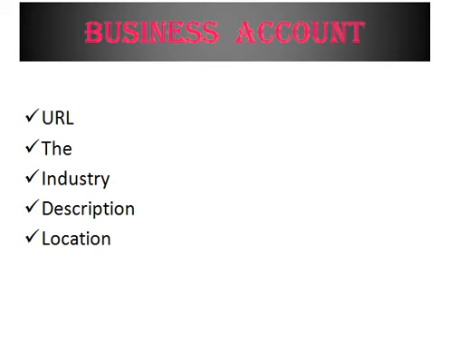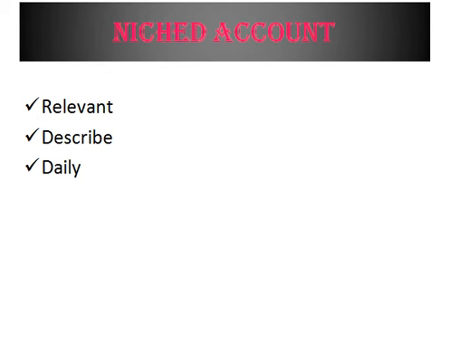Now coming on to niche account. Firstly, here it is all about relevant things. For business you should be a little professional, but here it does not matter. You can keep anything. You'll see one account with Tinder Nightmare also. See, it is Tinder, which I know, and Nightmare is what people have experienced.